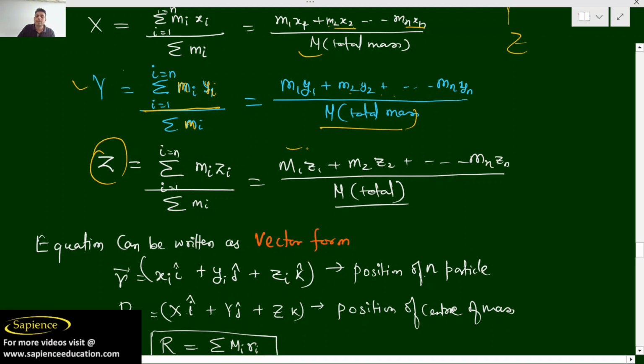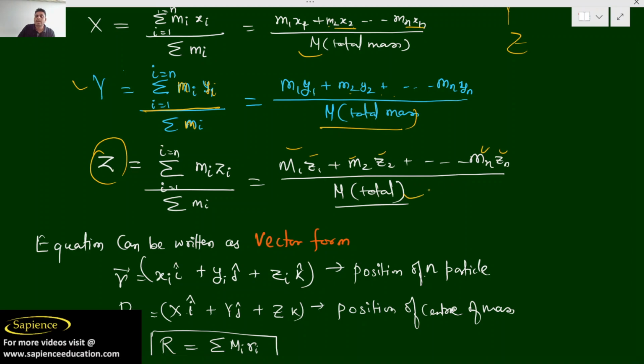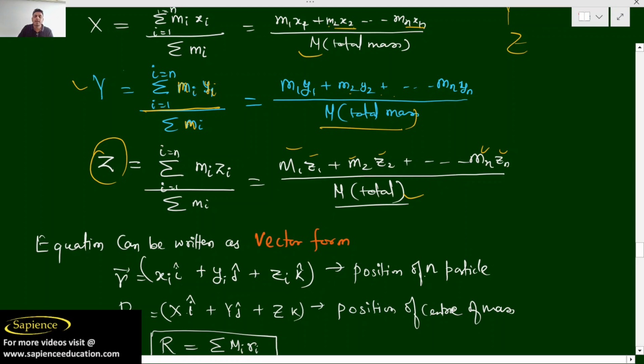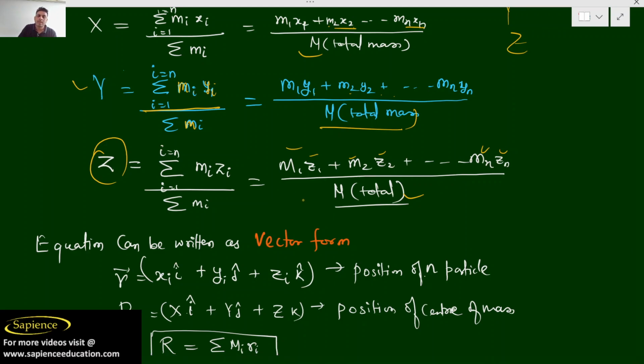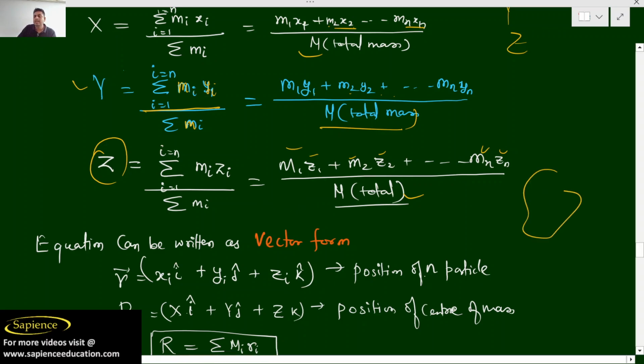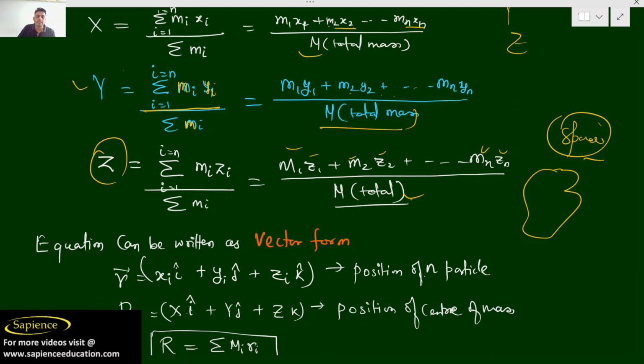Same: (m1 z1 + m2 z2 + ... + mn zn) divided by the total mass. So I hope you have understood. For many particles present in a three-dimensional situation, practically any solid object will have a space. It means it will use the x, y as well as z axis.